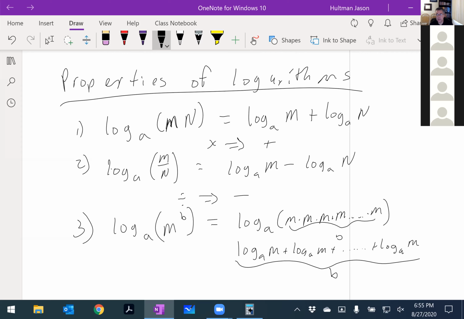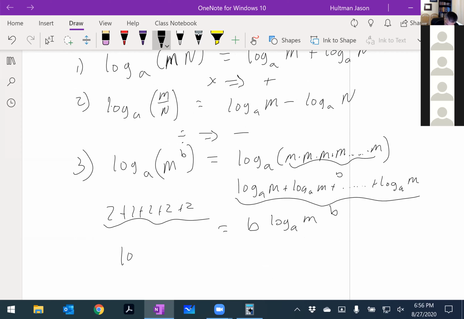You just put the b in front, how many times it repeats. Because isn't fast addition multiplication? If I wanted to add 2 plus 2 plus 2 plus 2 plus 2, isn't that 5 2s being added together? So wouldn't I just multiply 5 times 2? Does that make sense? So this is going to be equal to b times the log base a of m.